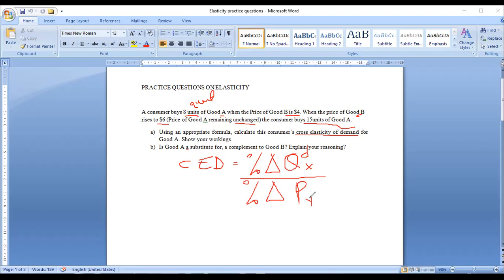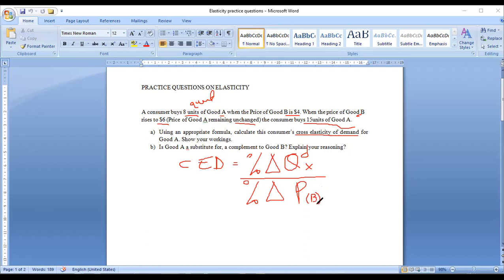So where there is price, we are going to put B here. I don't know if you are following. Yes, where they're talking about the price of good B.